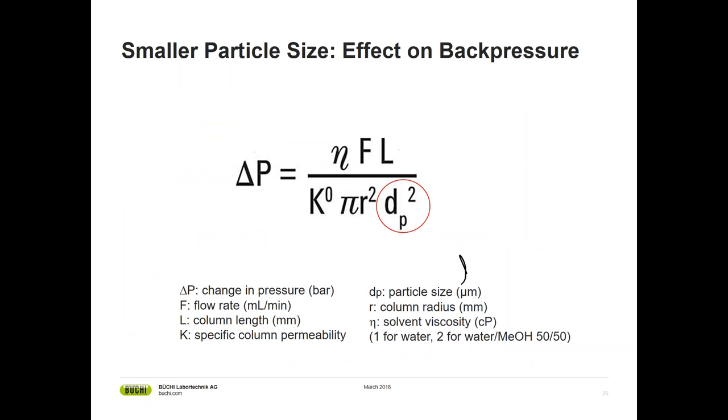And as shown here in this equation, the particle size dP as well as the radius r are the biggest factors that influence pressure. The pressure is inversely proportional to the square of both. So decreasing the particle size by half increases the pressure by a factor of 4. So it's very important that you take this into consideration when changing the particle size.